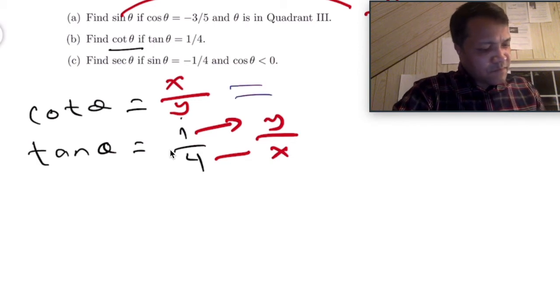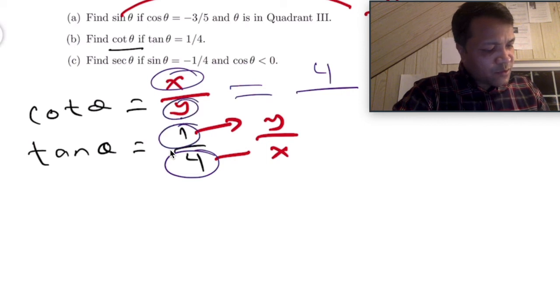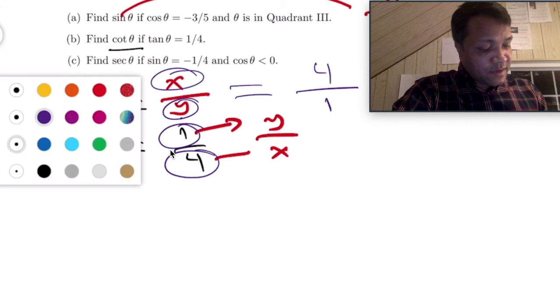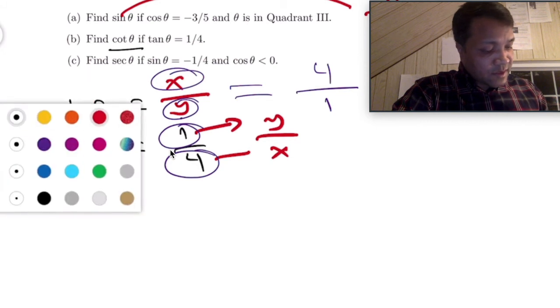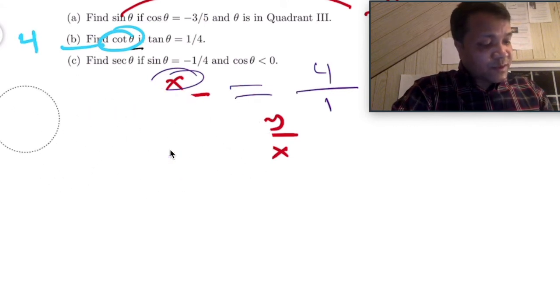What is our x? Our x is 4. So put 4 on the top. What is our y? Y is 1. So cotangent theta is just 4. That's our answer. Okay, now we are ready to do number C.